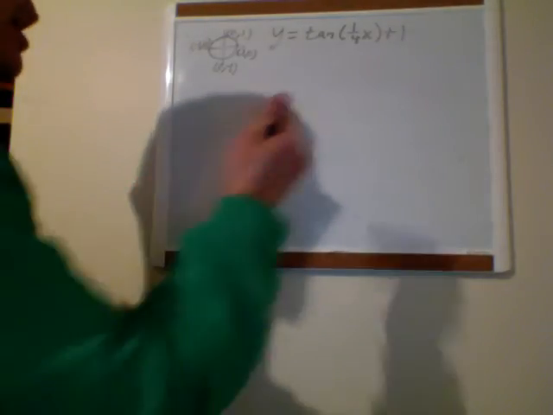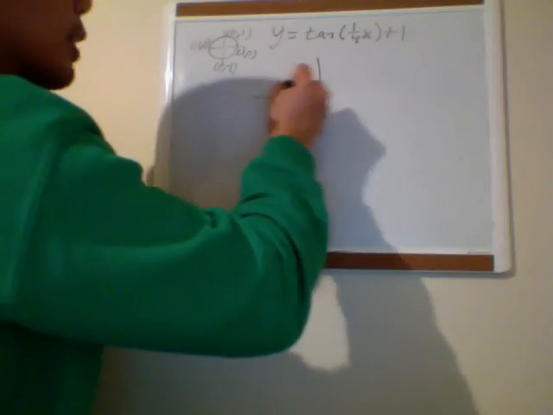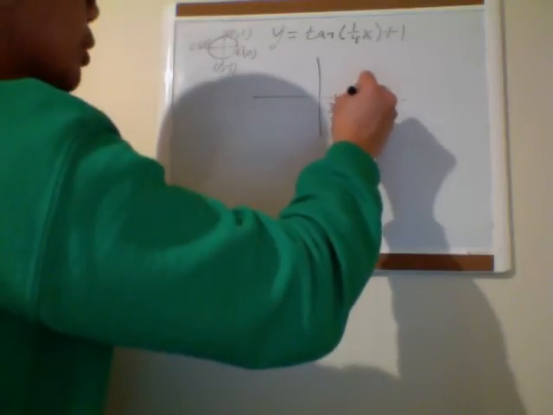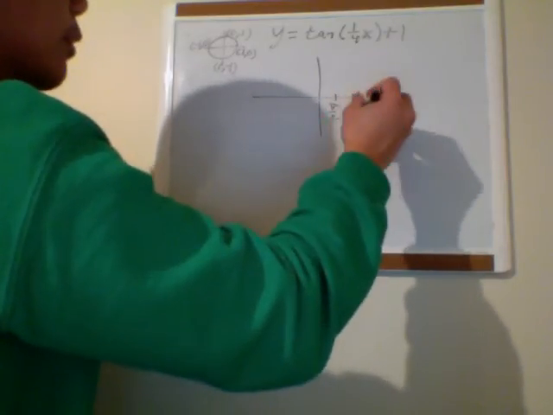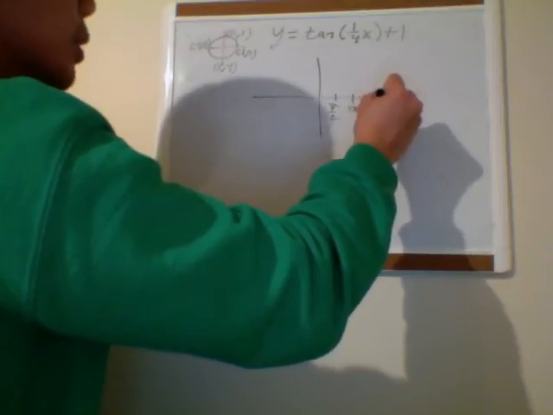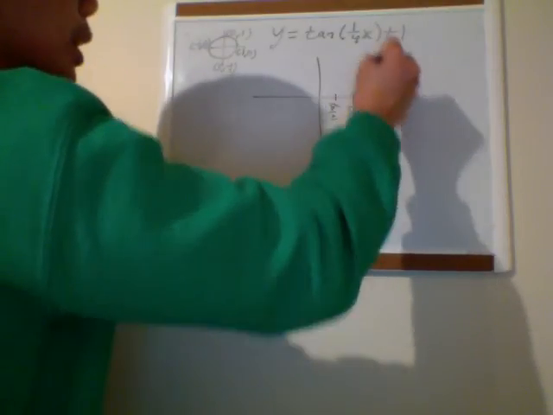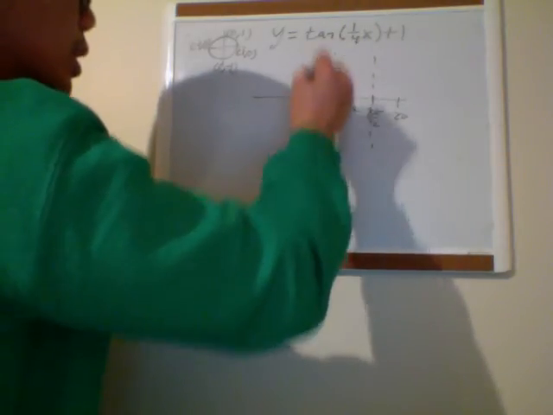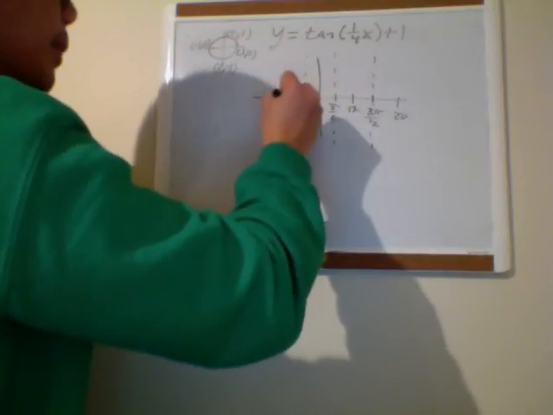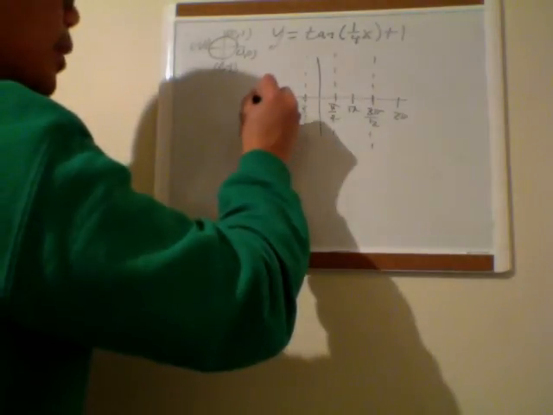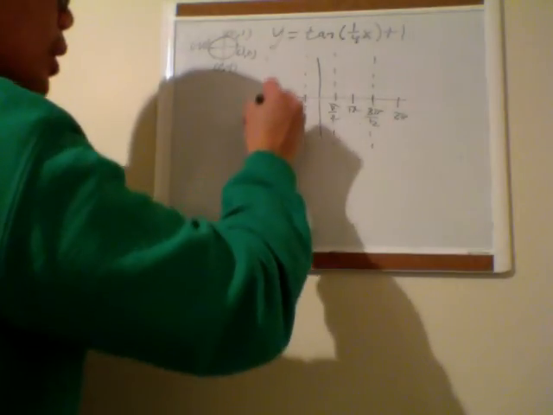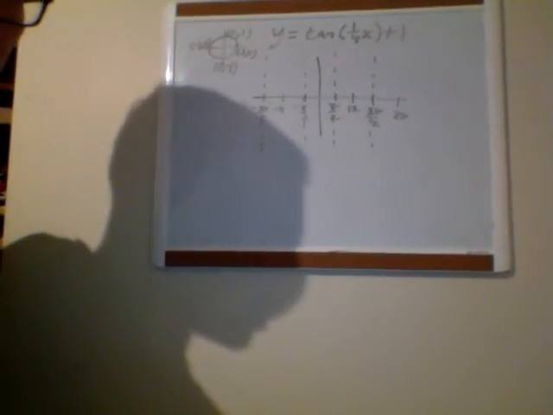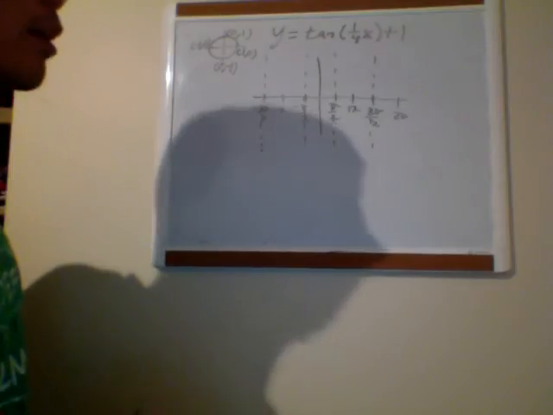So when I draw my regular tangent graph, I already know at pi over 2, if we're going to have intervals of pi over 2, that at 3 pi over 2, at all of these, I know all of these are going to have asymptotes at the odd integer multiples of pi over 2.